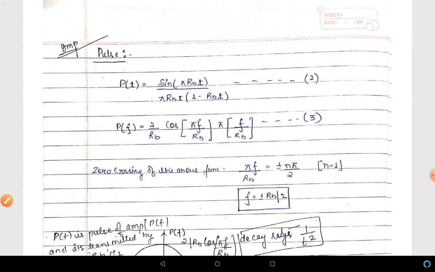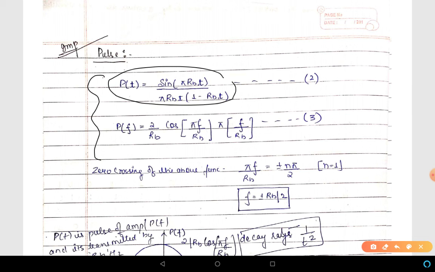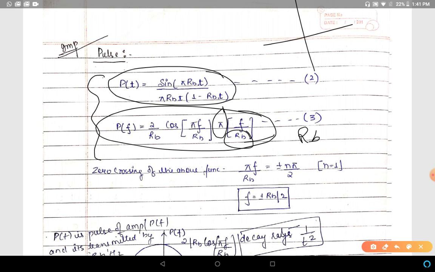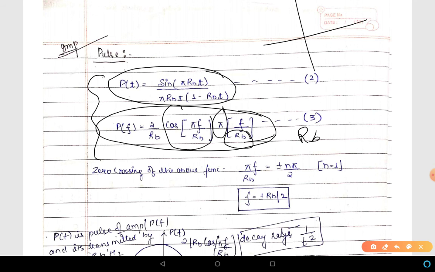Here is one example of a Nyquist second criteria pulse. This pulse is in the time domain and its frequency domain, or Fourier transform, is this. As you can see, this is a rect function of duration RB. And what is this? It is a cos. So it will look like this.